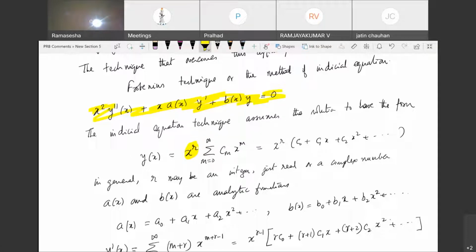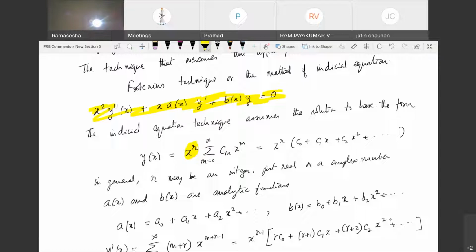The main difference between the indicial equation technique and the power series technique is that in the power series you usually start with m equal to 0 and then sum over c_m x to the power m. In the indicial equation technique, you multiply the whole power series by x to the power r, which means that you are starting from a minimum power of x to the power r and then going on to higher powers of x. Now, r is not determined so far.